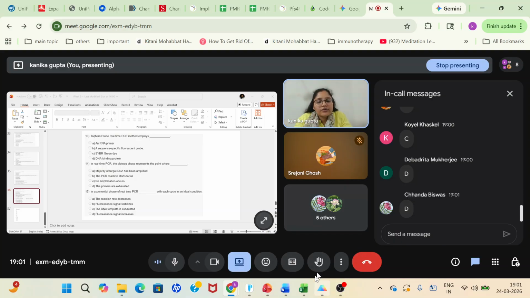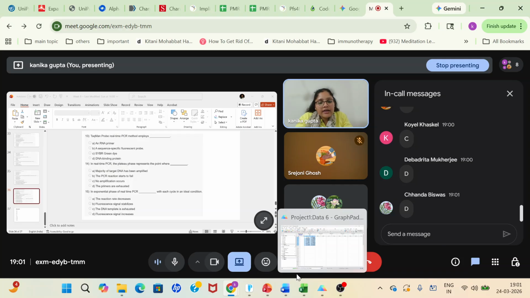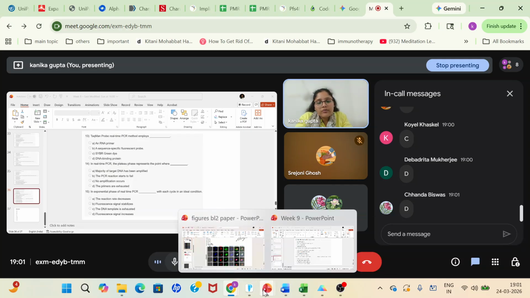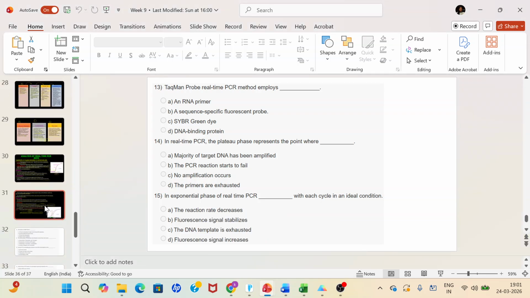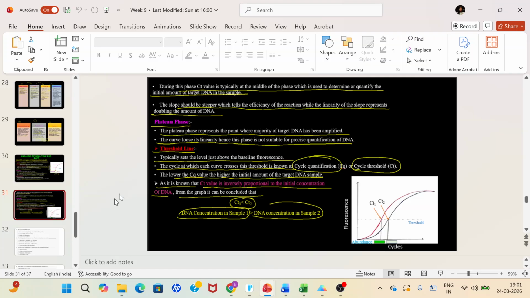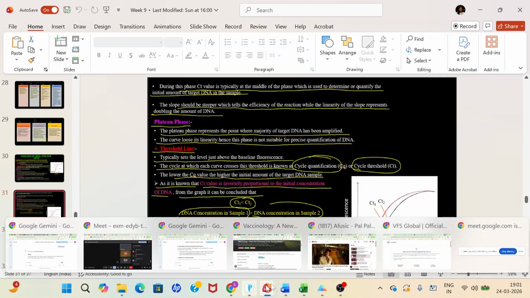You guys were confused in that. Otherwise, I hope you didn't face any problem while doing the assignment. Still, if you had any confusion, you can tell me. देखो यहाँ लिखा है ना, the plateau phase represents the point where majority of the target DNA has been amplified. Okay, it's not like a failed reaction or something. It is the point where majority of the DNA has amplified.